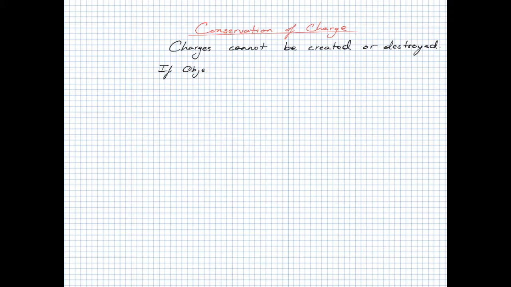So consider two objects. Let's say object 1 becomes negatively charged. In order for it to become negatively charged, it must have gained electrons.